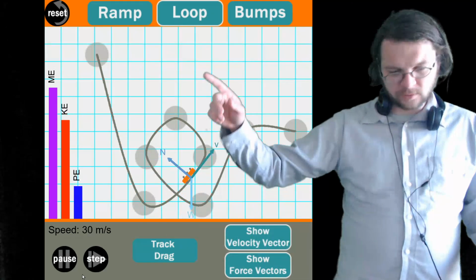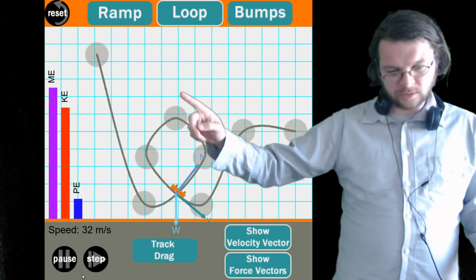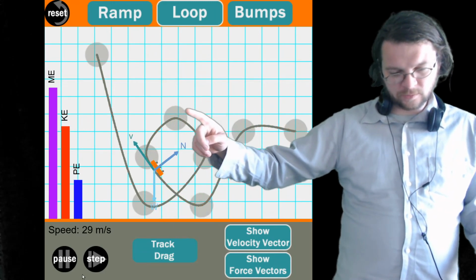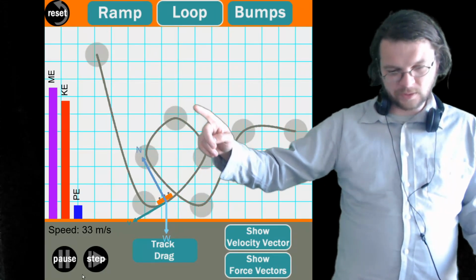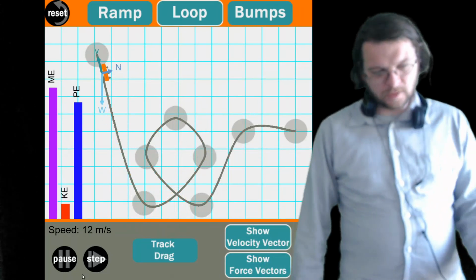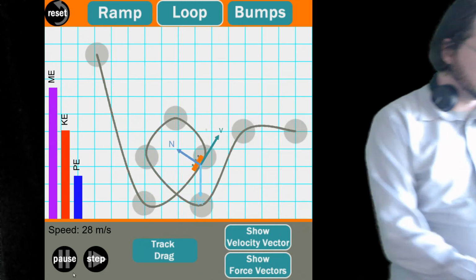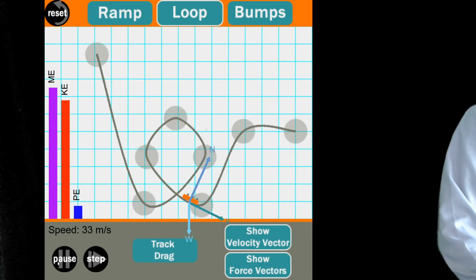Eventually something strange happens to the normal force. You see how the normal force had to go up? Like for a split second there, the normal force is kind of up there. So that's because this is sort of too high, if that makes sense. I can make this even more pronounced.